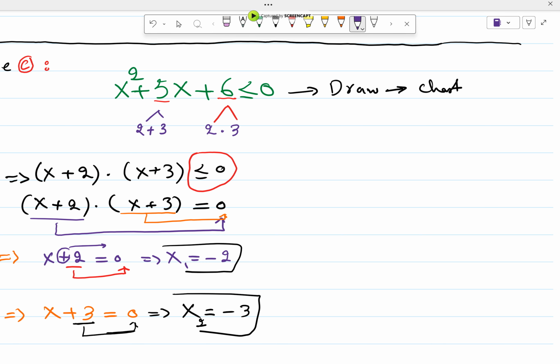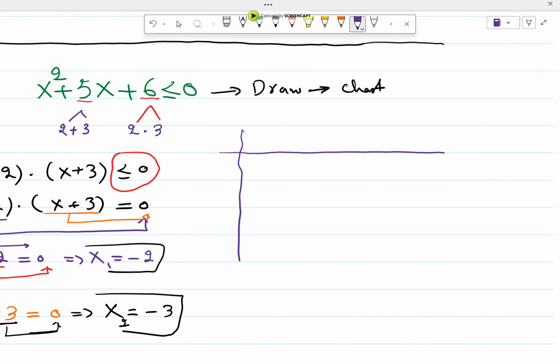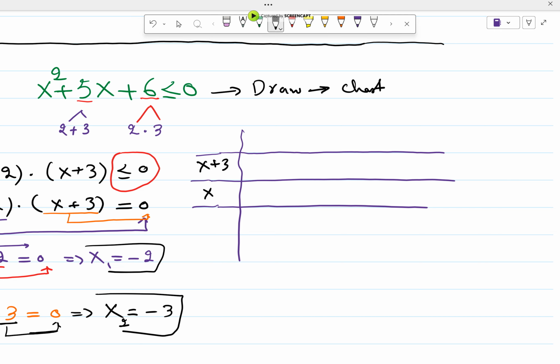Now I want to draw a chart. This is the place of x plus 3, and this is the place of x plus 2.